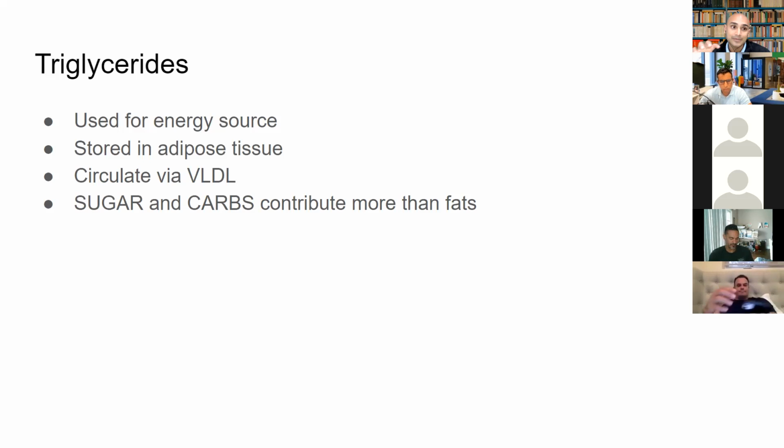Well, that's actually where a large amount of the triglycerides are stored. So if you have large amounts of VLDL, you have large amounts of triglycerides, which is, as we'll find out, pretty bad. And one thing that is really important that research is showing: sugar and carbs contribute to your triglycerides much higher than fats. So really controlling your carbohydrate intake, particularly simple carbohydrates, is key.